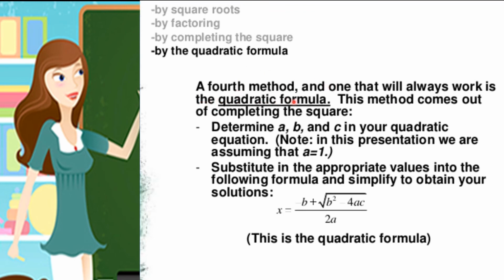So a fourth method and one that will always work is the quadratic formula. So ibig sabihin, sa lahat ng given equation, applicable na gamitin natin kapag hindi siya okay sa factoring, hindi din siya okay sa completing the square kasi medyo complex ang ating equation at lalong hindi siya pwede sa extracting the square root.